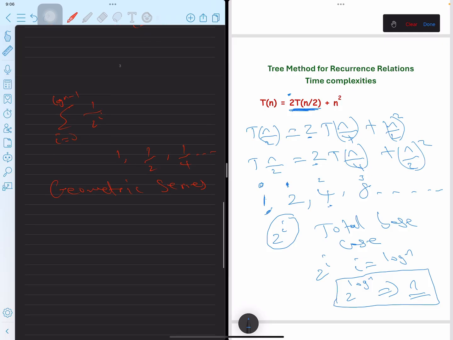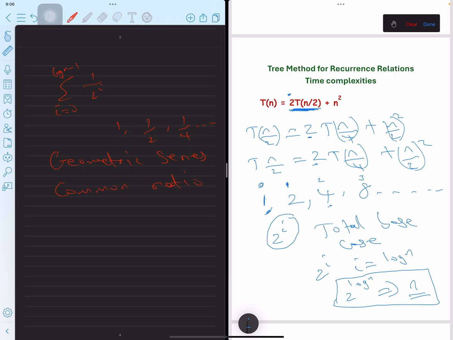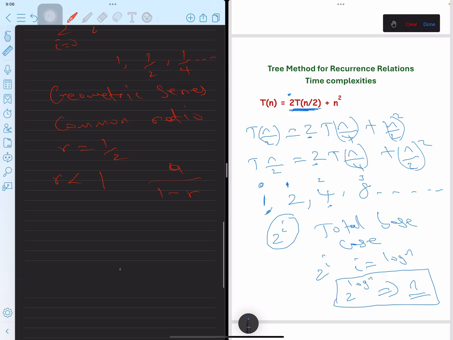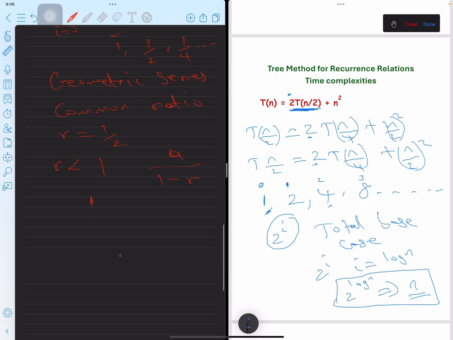So when I have a geometric series, I'm going to look for the common ratio. The common ratio here is half. R now is half. That means R is less than 1, so I can use A divided by 1 minus R for it. So A is 1. Look at the series. A is 1, and the R is half. 1 minus half. Everything here will give me 2, right?